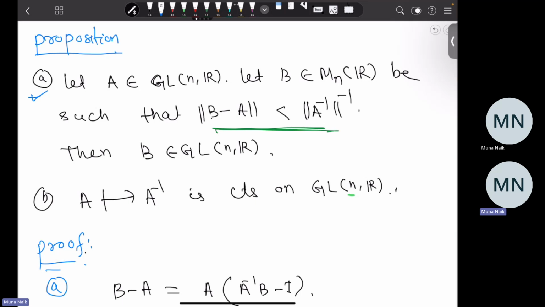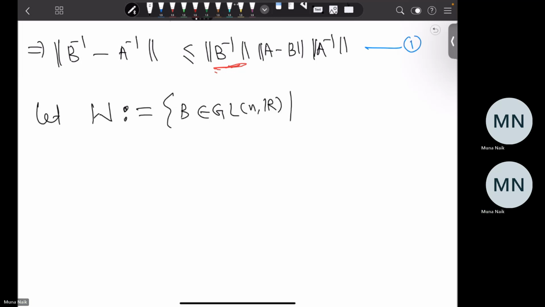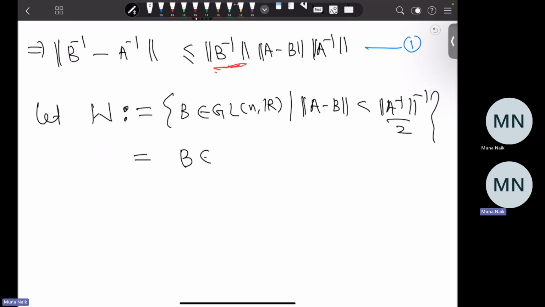Let W be equal to the set of B belonging to GL_n(R) such that the norm of A minus B is less than 1 over twice the norm of A inverse.